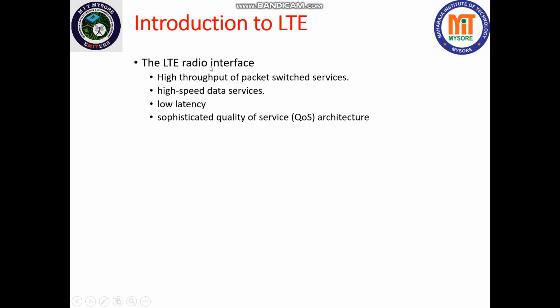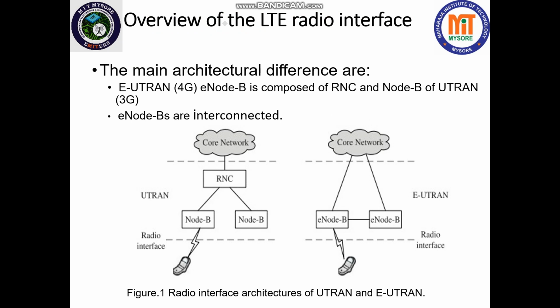The LTE radio interface has high throughput of packet switched services, high speed data services, low latency, and sophisticated quality of service architecture. These are the basic features of the LTE radio interface, and how it is different from your 3G interface or 3G network.